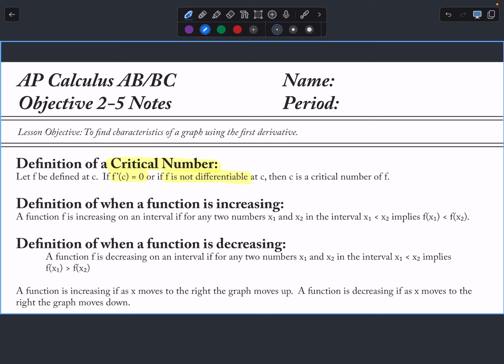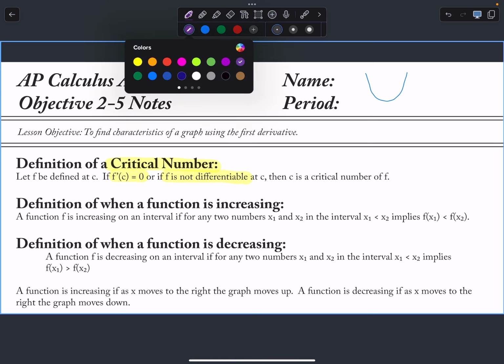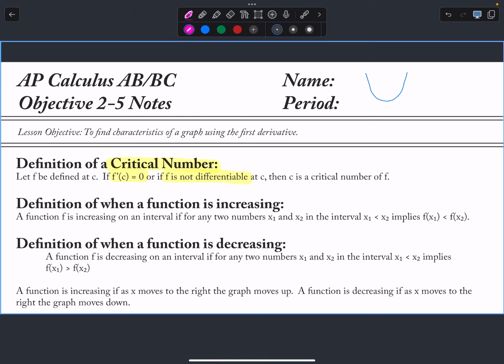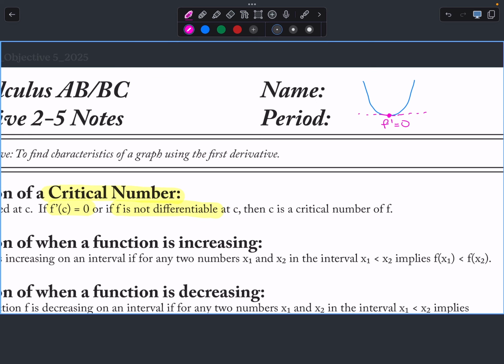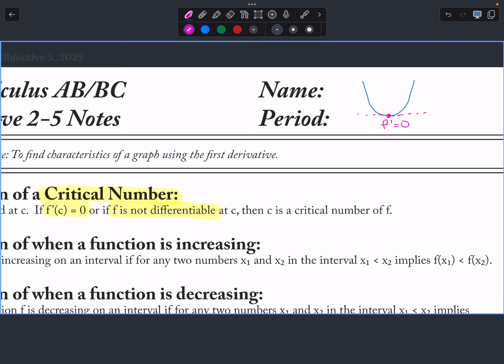Okay. So if I have my little happy face parabola, then I have my derivative equal to 0. And that is what we call a critical number.